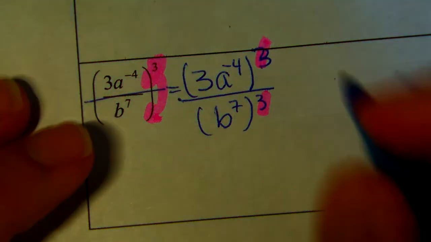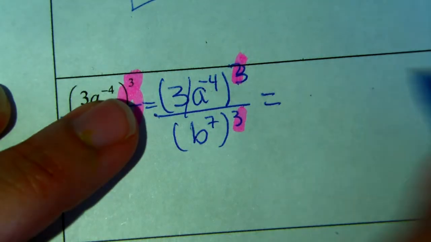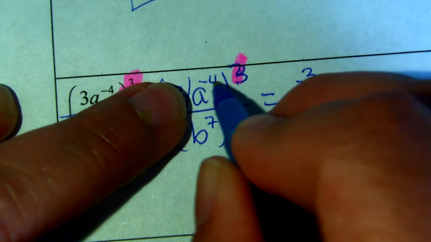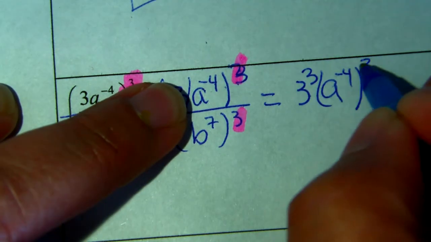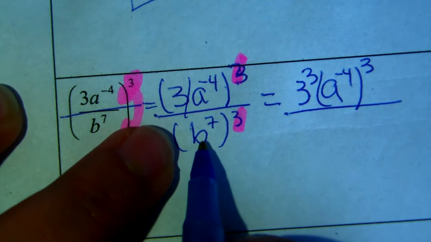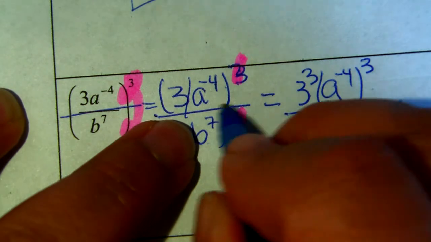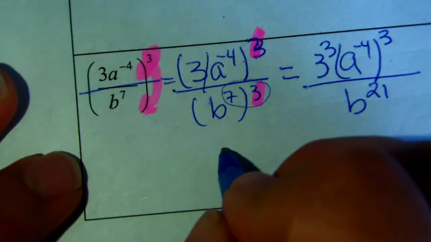And then you go by the product, power of a product. So split them. 3 to the power of 3, a to the negative 4, elevated to the power of 3, and in the bottom we have b to the power of 7, elevated to the power of 3. So what do we do with these two? We multiply. 7 times 3, 21. And we continue over here.